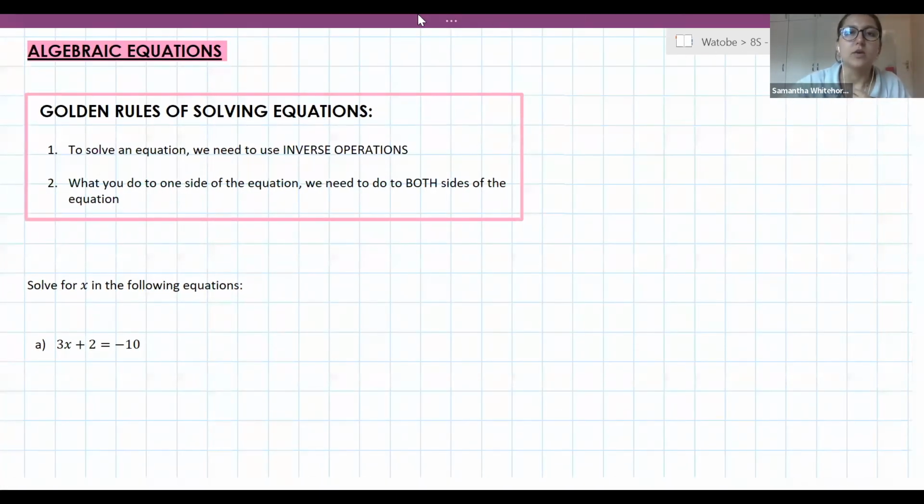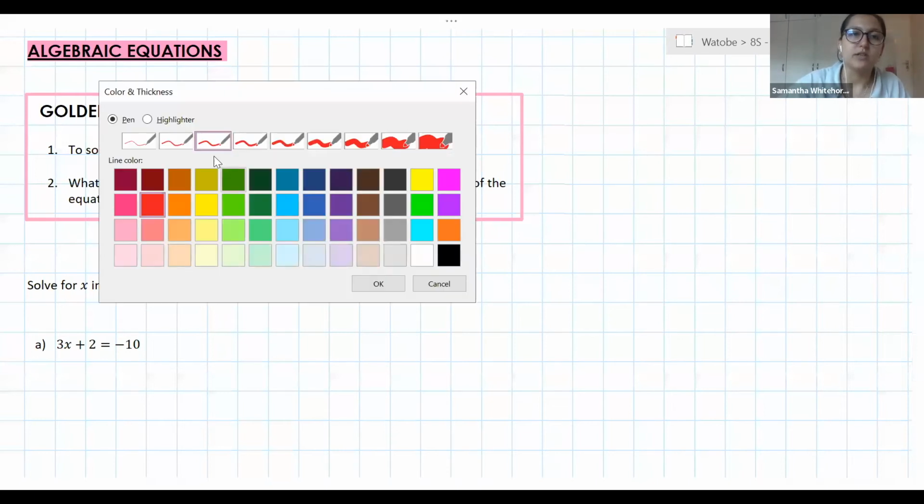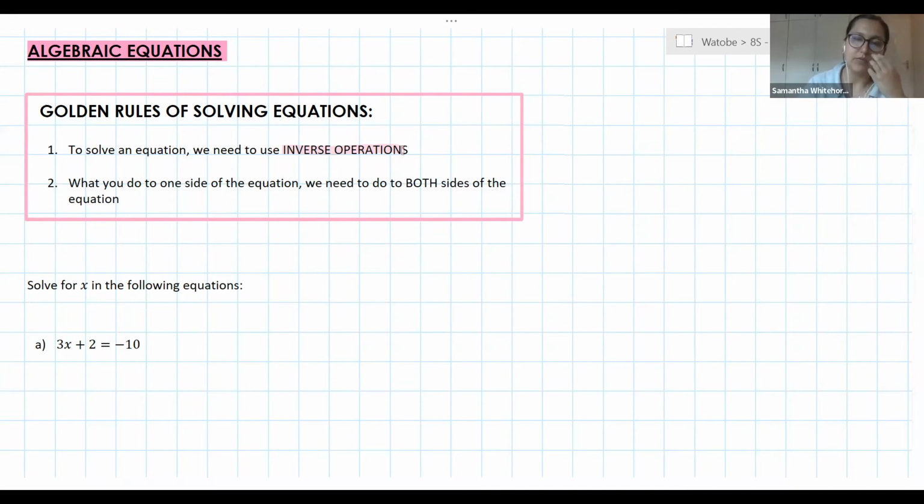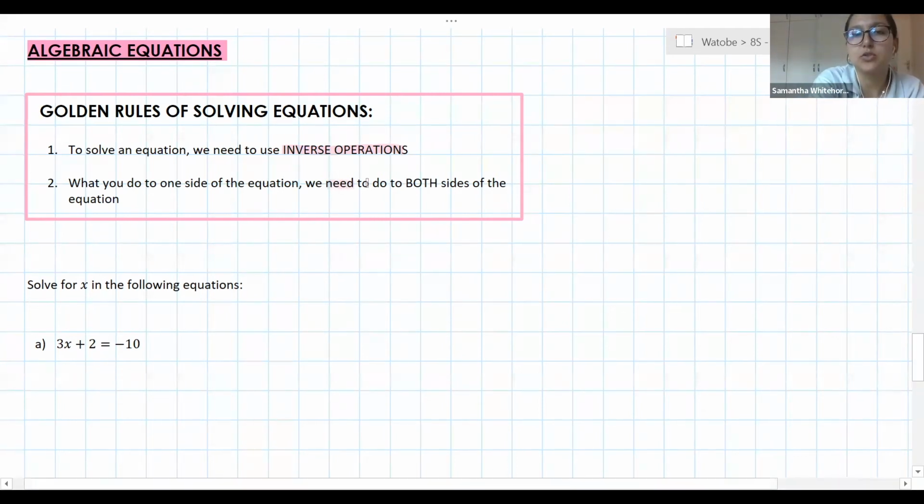Firstly, when solving any equation, it is very, very important to remember that we have to use inverse operations. The reason we have to use inverse operations is because this is an equation. What I'm doing on one side of my equation, so if I'm adding something to one side, I have to do on the other side, which is why we need to do these inverse operations on both sides of the equation.